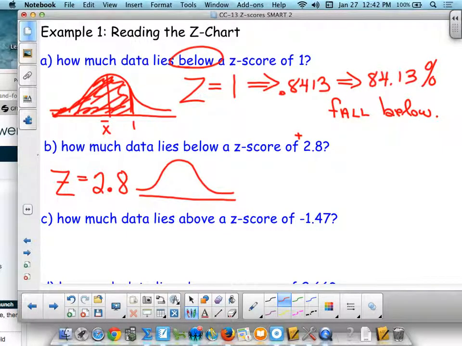Here's a 1, here's a 2, here's a 3. So where's a 2.8? Closer to 3. I want to know how much data falls below a 2.8. I think you can tell it's a lot, a big number. So what does 2.8 convert to using your table? Tate, what did you get?